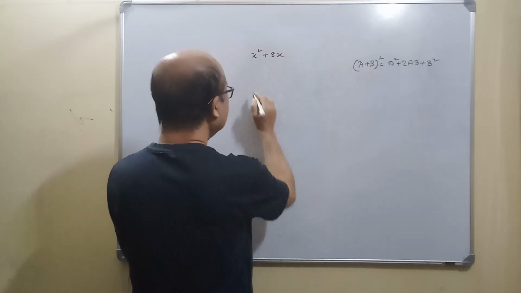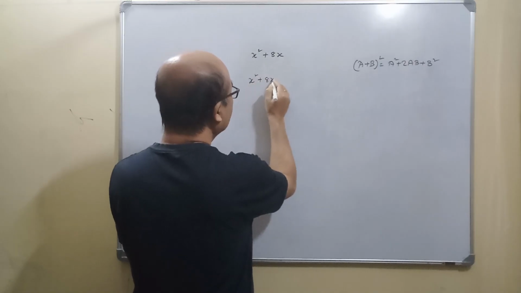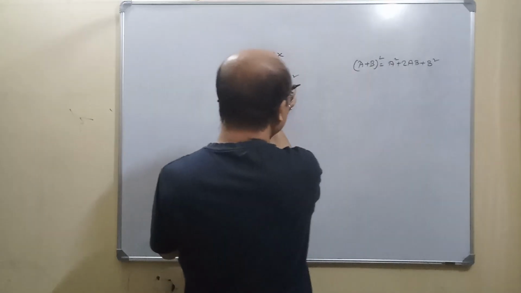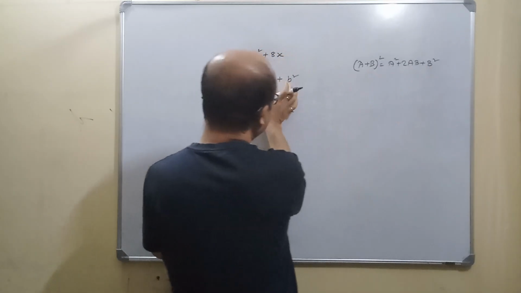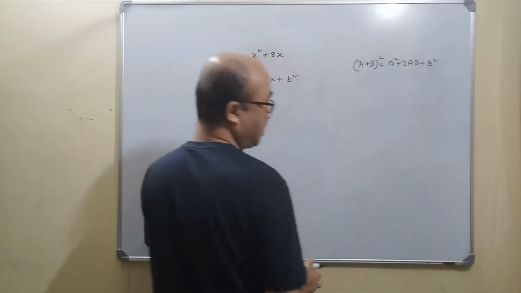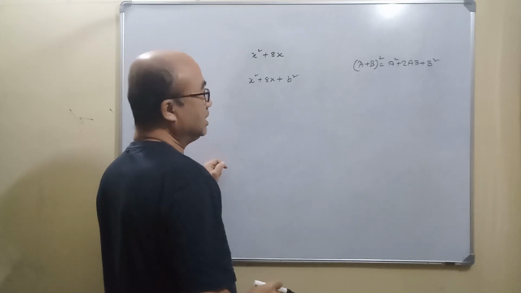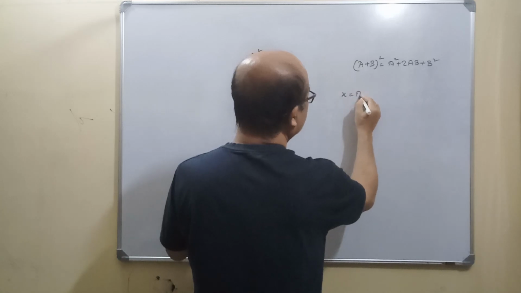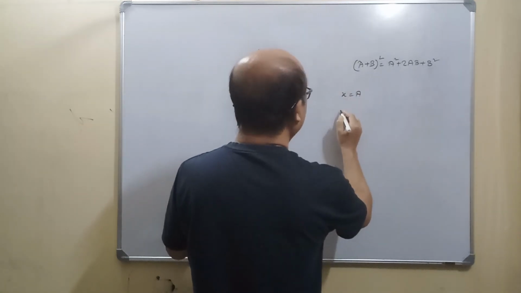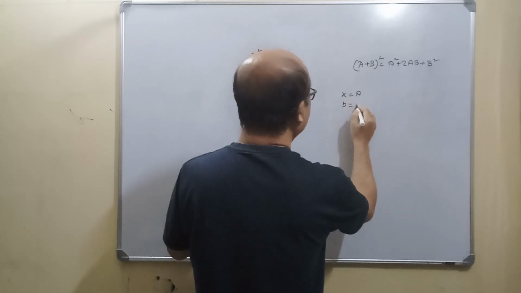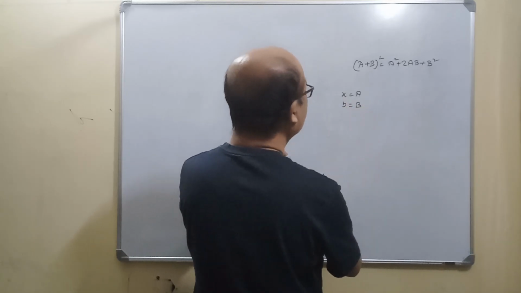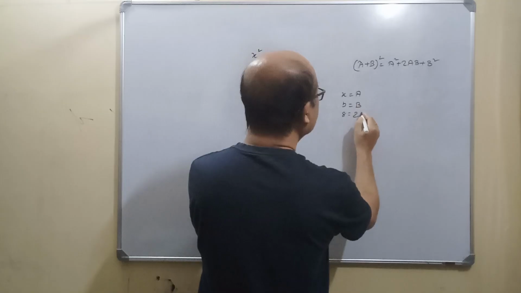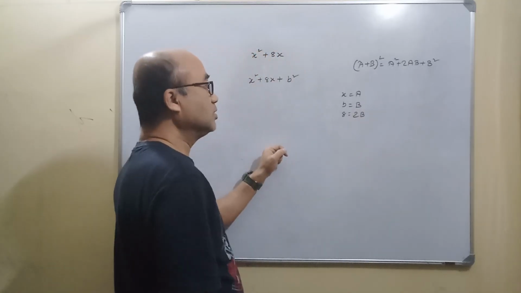Suppose we add something called b square here, so that this expression is equal to this expression. In that case, if we compare these two expressions, then we see that x is equal to a, b is equal to b, and 8 is equal to 2b.